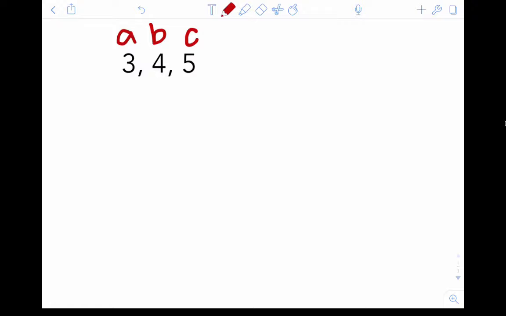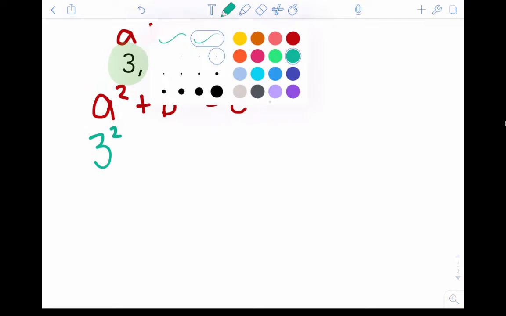So now is when we're going to use the Pythagorean theorem. I'm going to use a squared plus b squared equals c squared. I'm going to take a and plug it in for a right over here, so I now have 3 squared.